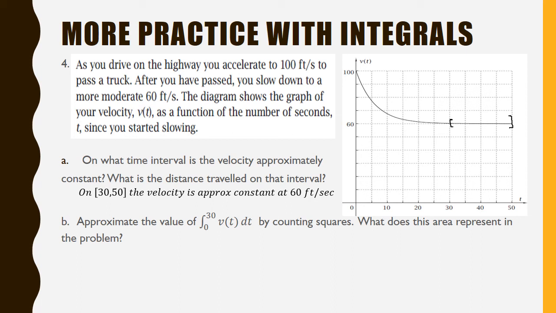So what is the distance traveled on that interval? You might remember learning that distance is rate times time. Because I went 60 feet per second for 20 seconds, our rate is 60 and our time is 20, and therefore I'm guesstimating that we went about 1,200 feet during that time.